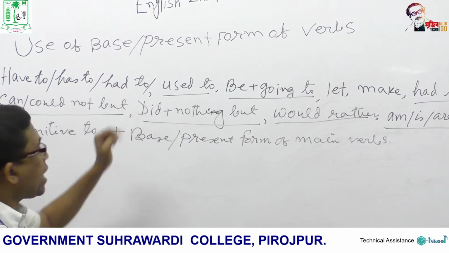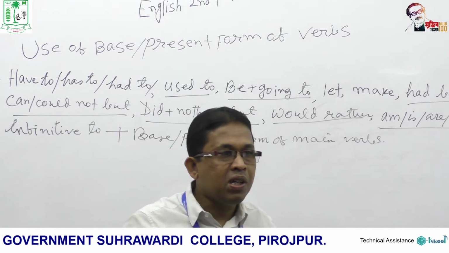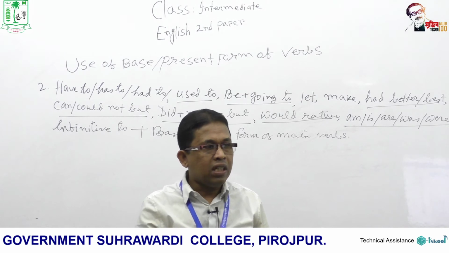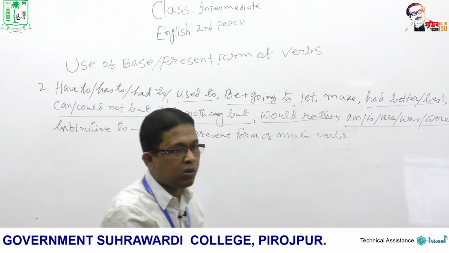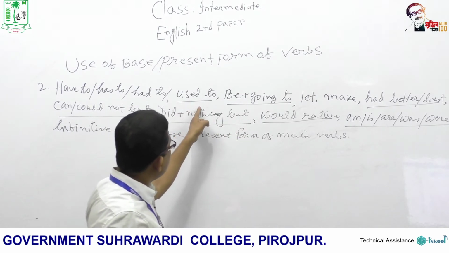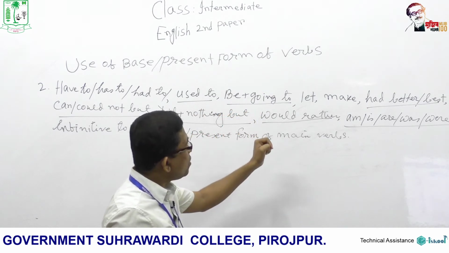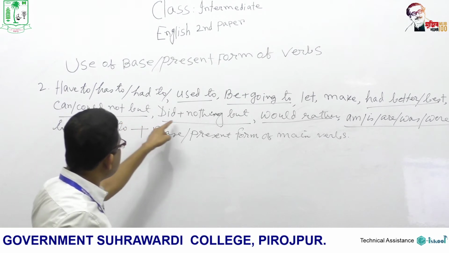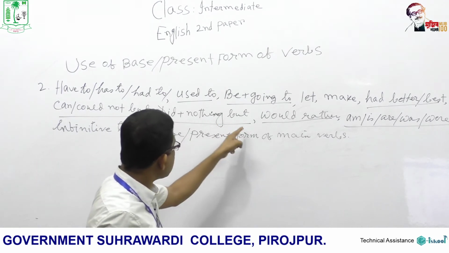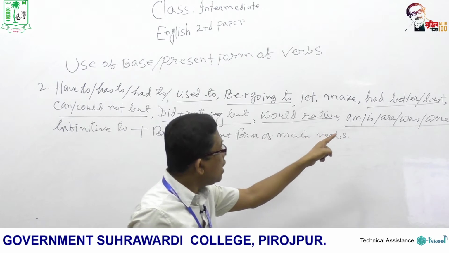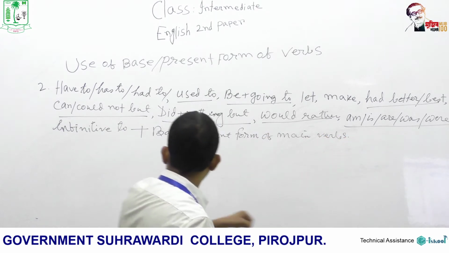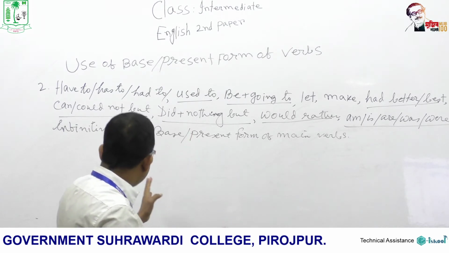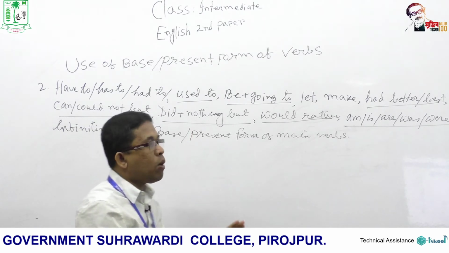Have to, has to, had to. If you use the main verb after have to, has to, had to, then you must use the base form. And then used to, be plus going to, let, make, had better or best, can not but or could not but, did nothing but, would rather, am, is, are, was, were plus to, infinitive to, etc. Then base form or present form of main verbs.